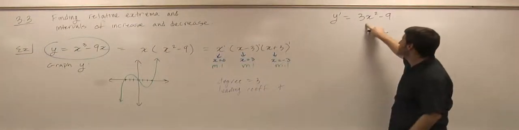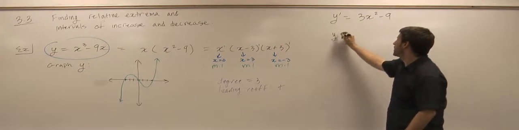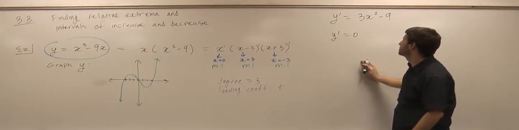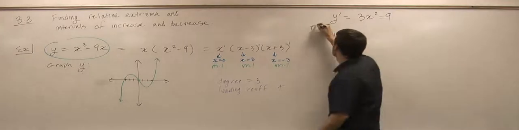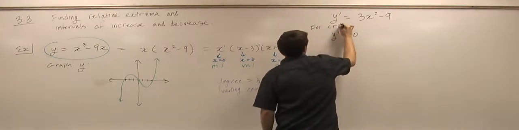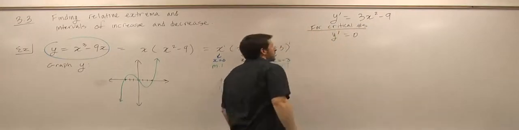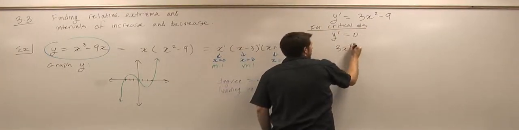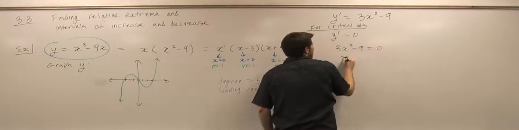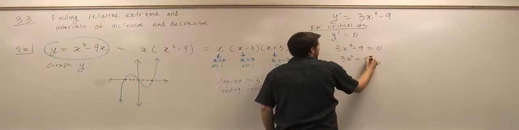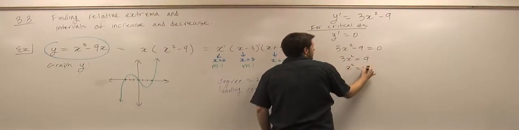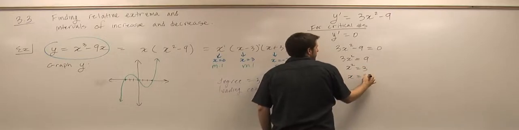So for the critical numbers here, I would set y prime equal to 0. So I get 3x squared minus 9 equals 0, or 3x squared equals 9, x squared equals 3, x equals plus or minus root 3.